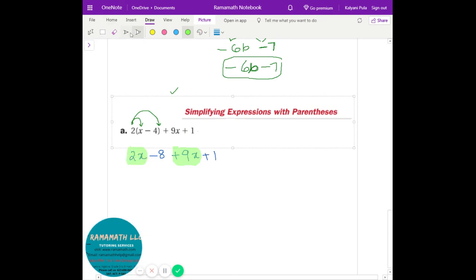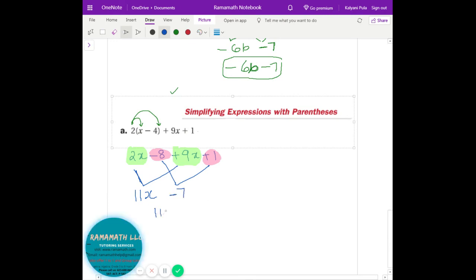Let's combine them first before we move on to the other ones. How much is that? 11x. Next, we have negative 8 and positive 1. What is negative 8 plus 1? Negative 7.